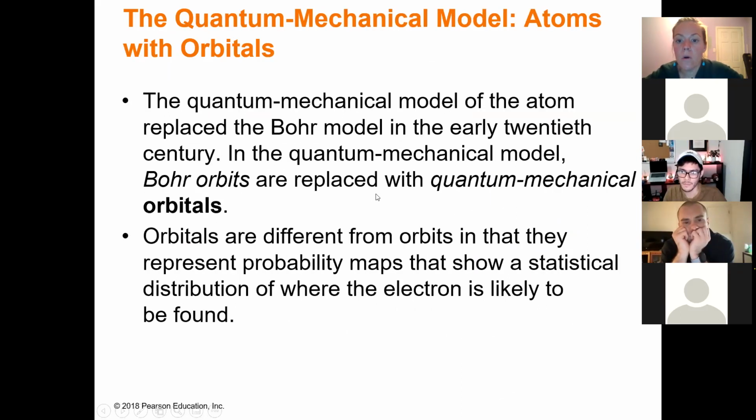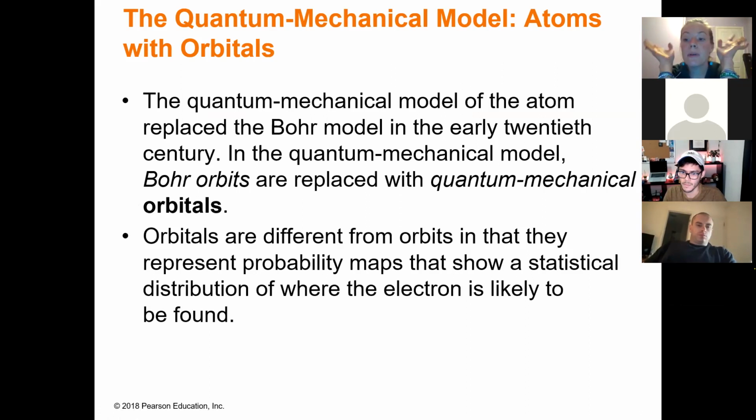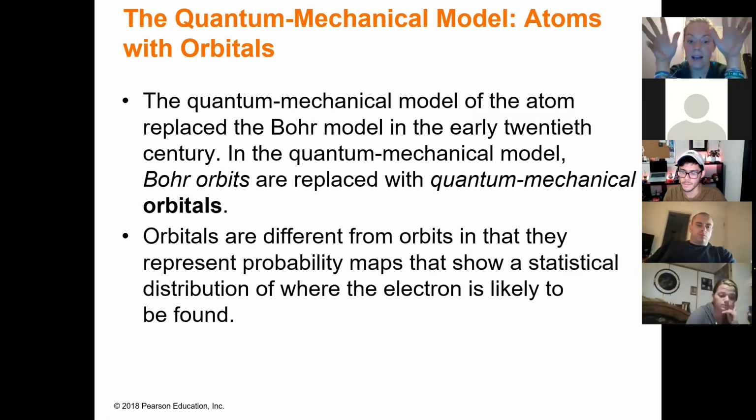So the quantum mechanical model of an atom replaced the Bohr model. It helped to explain the hydrogen spectrum, but it's also been able to explain all the other elements on the periodic chart. In the quantum mechanical model, instead of having an orbit, we have what's called an orbital, so ends in AL. An orbital is different from an orbit, in that instead of it being like a track where we know exactly where the electron is rotating around the nucleus, now we have a probability map, or an area, a statistical area where we think the electron is.